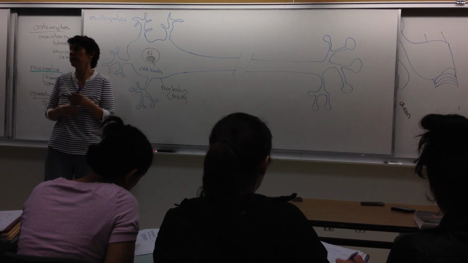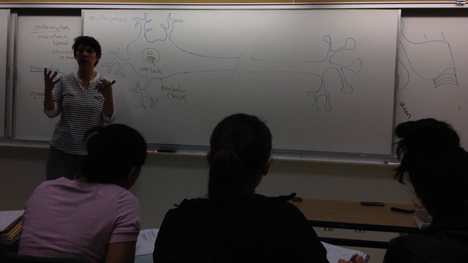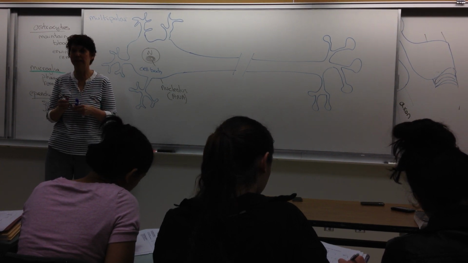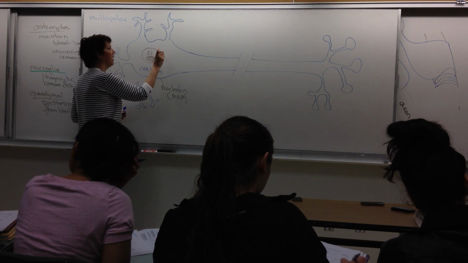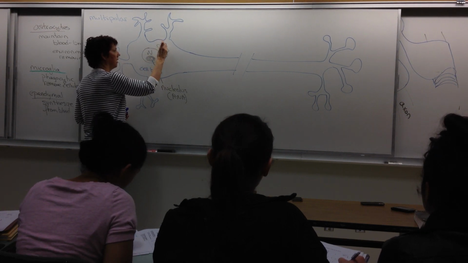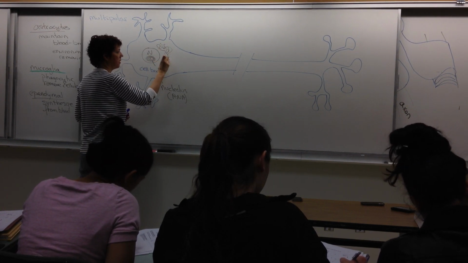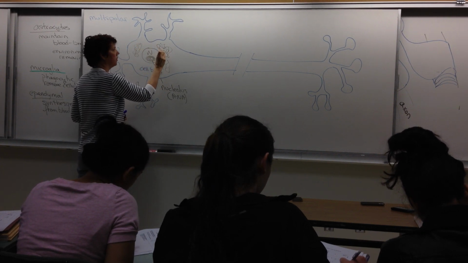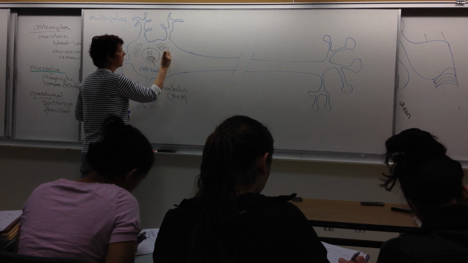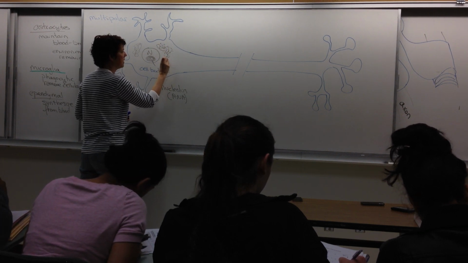So when we make proteins that are synthesized from a cell, what are the two major organelles that we need to have? ER. Ribosomal ER, because that's where the RNA is going to bind to and insert the new proteins.